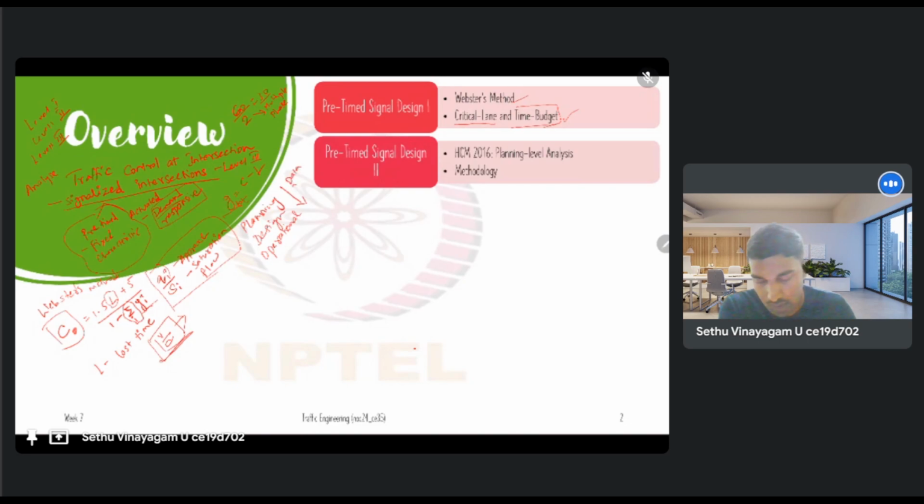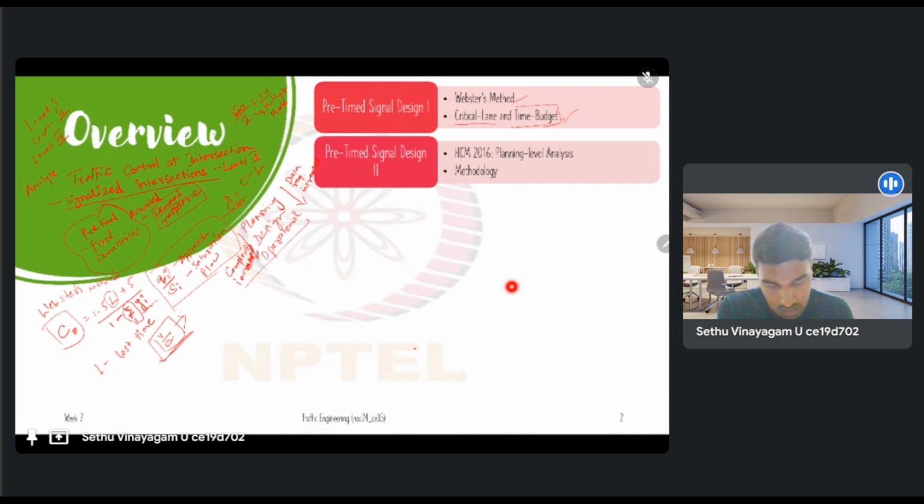The data requirement increases in this order. Planning is a very simplified form of analysis, so it is less complex. The complexity increases in this direction, then we have the design analysis, and finally the operational analysis, which is the most detailed, complex analysis, based on your actual field conditions.